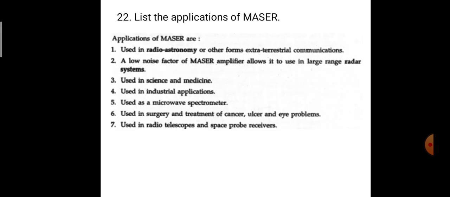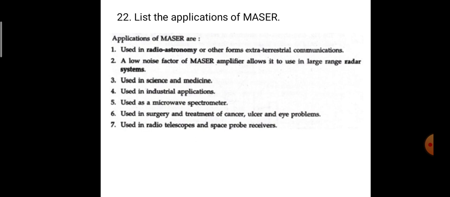22nd, list the applications of maser. Now we are discussing the applications of maser. Used in radio astronomy or other forms of extraterrestrial communications. A low noise factor of maser amplifier allows it to be used in large range radar systems.